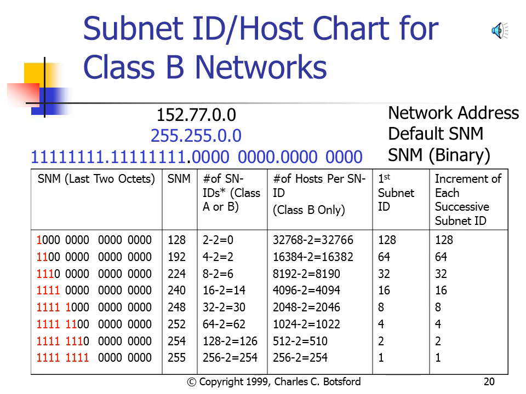And then we've added the subnet ID information, listing out where the first subnet ID for each custom subnet mask starts and also the increment of each successive subnet ID. With this completed chart, you could take any network design problem and determine the correct custom subnet mask and also determine the subnet IDs that would be needed for each physical segment.